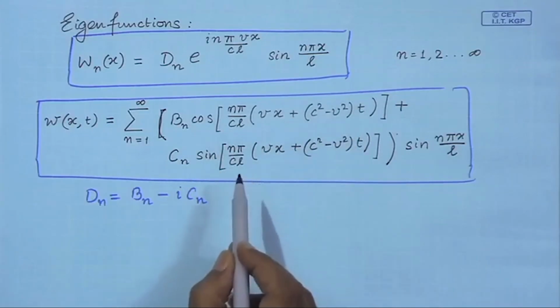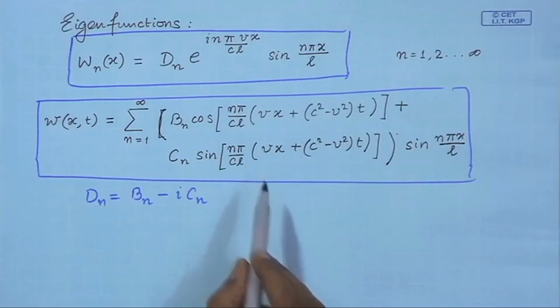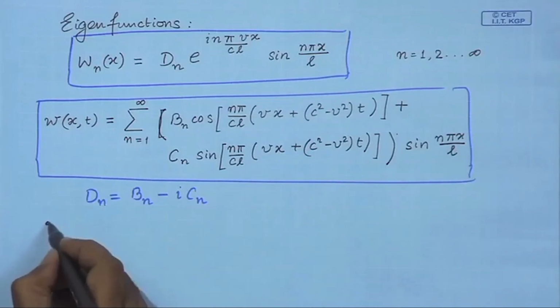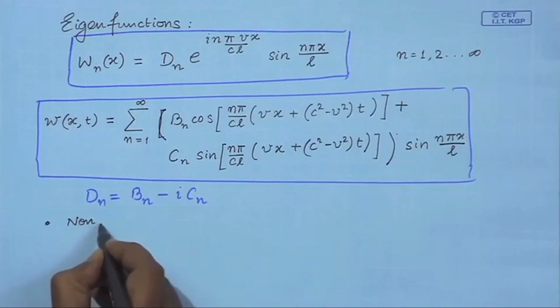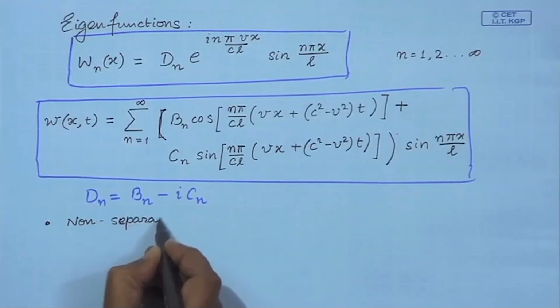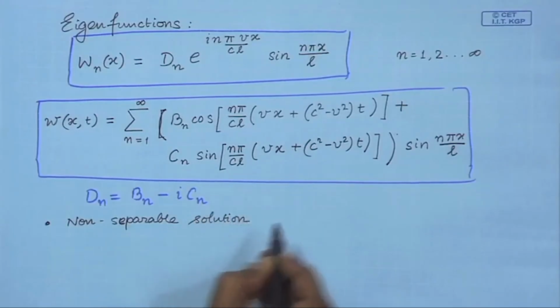Now, this immediately strikes us that this will make the orthogonality conditions a little difficult. So, we have a strictly non-separable solution.